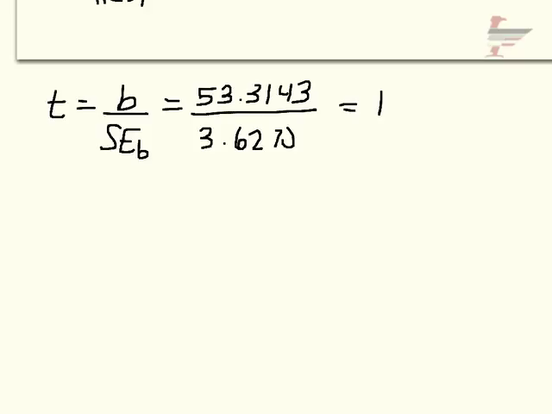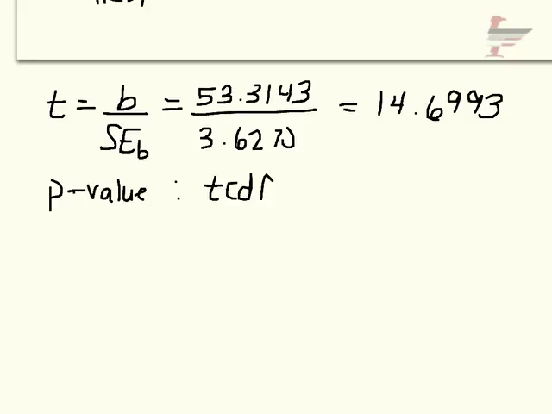So my test statistic is 14.6993. Your p-value, if you do tcdf from your test statistic to infinity with degrees of freedom equal to your data points minus 2, is going to be 8 because I had 10 data points. So that's all the information you need.